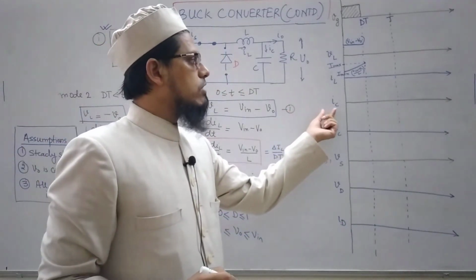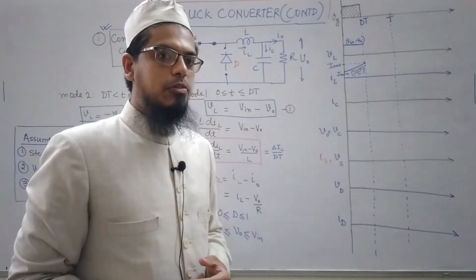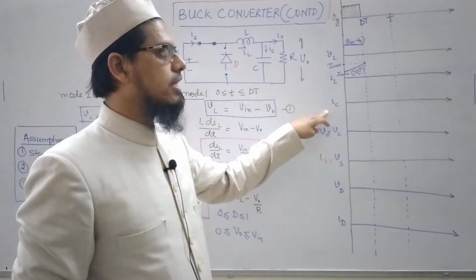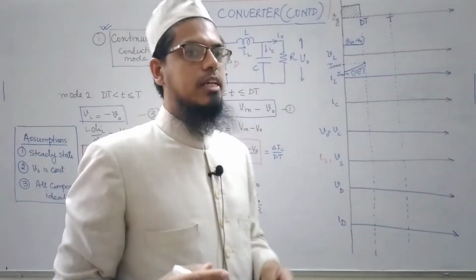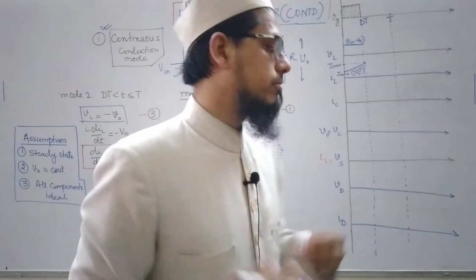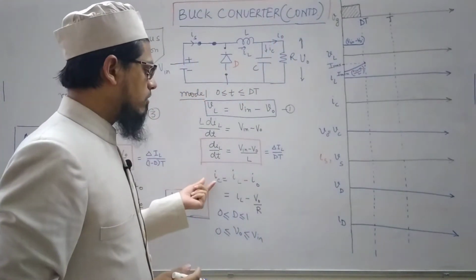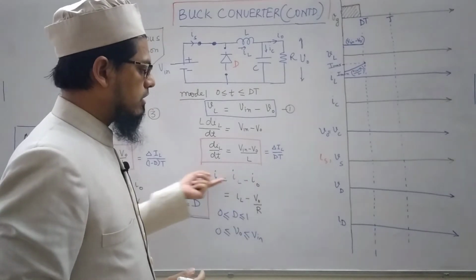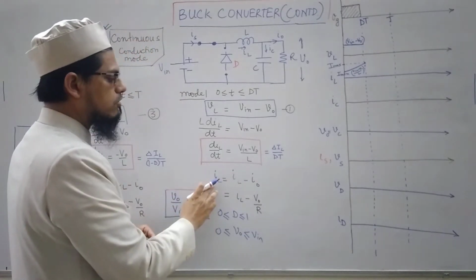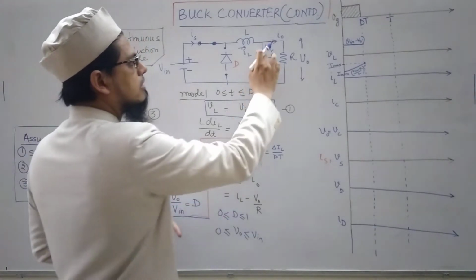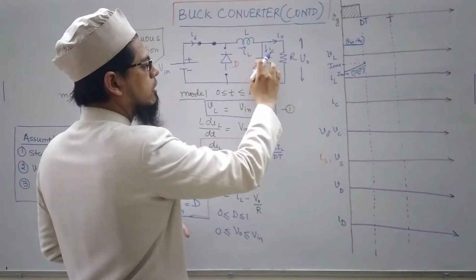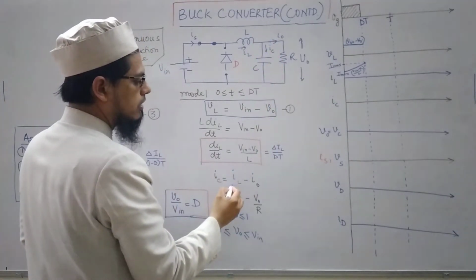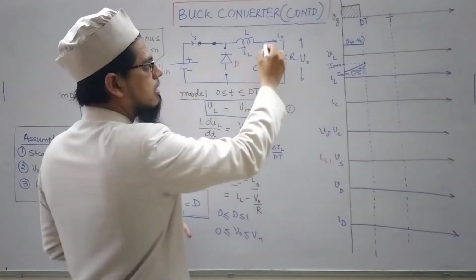Let us now try to see what would be the current flowing through IC, that is the capacitor, which is connected in parallel to the load. I have written here the equation for IC. IC, the current coming into the capacitor, is equal to the inductor current minus the output current.